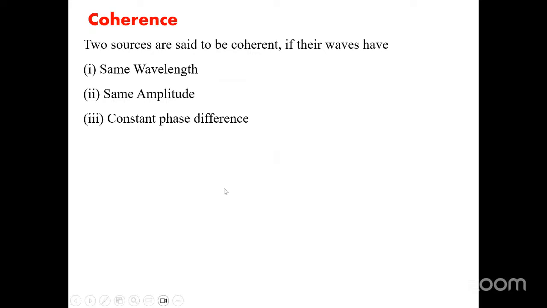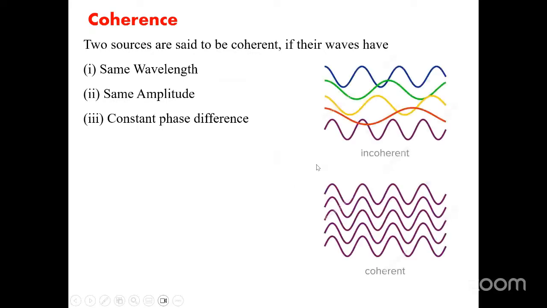Constant phase difference, you can see incoherent. See here, first wave green color, yellow, which are out of phase. That means which are incoherent.